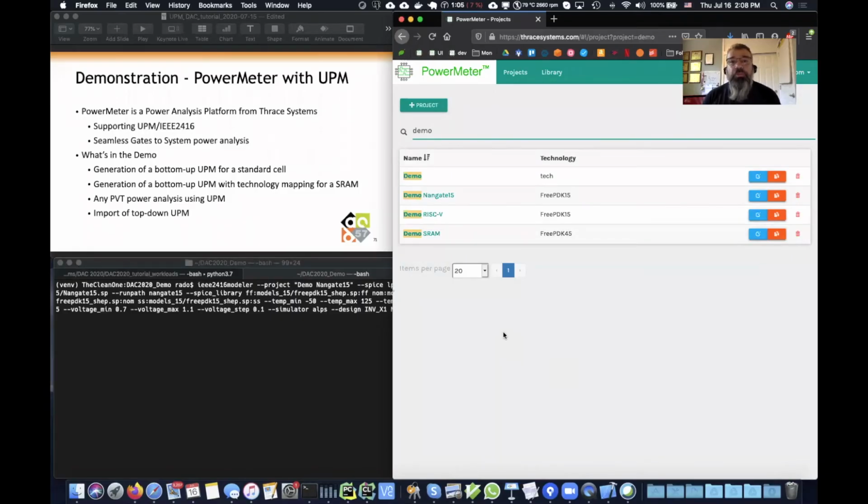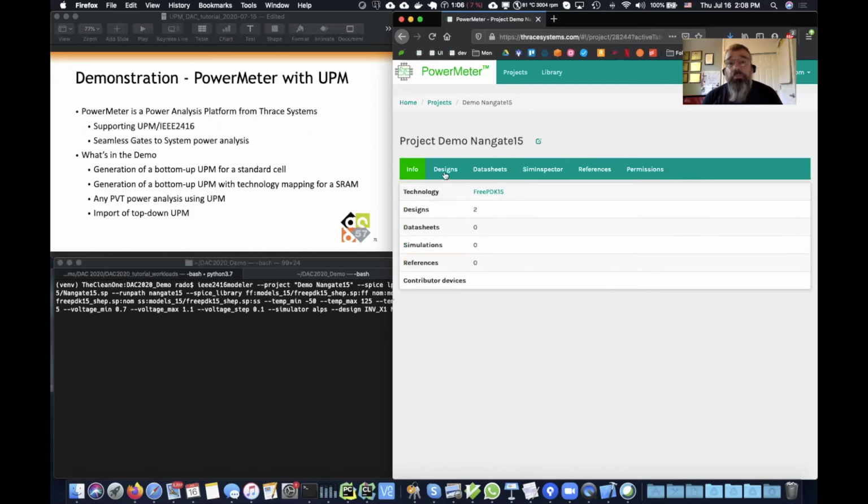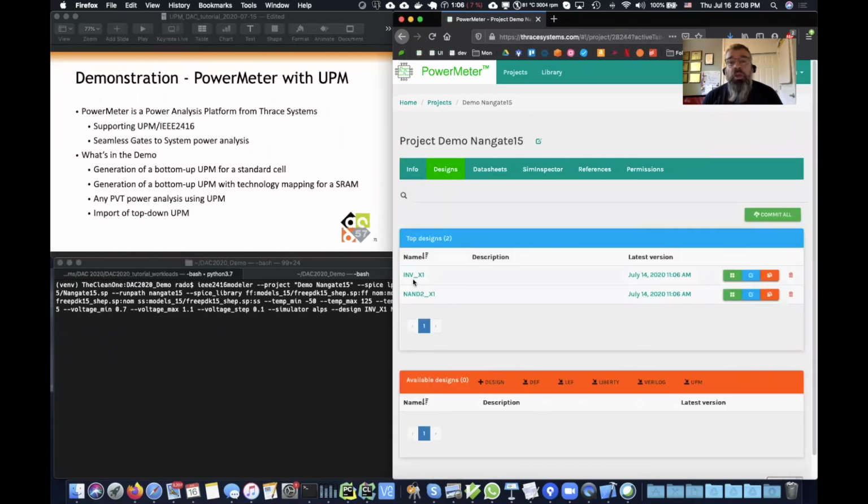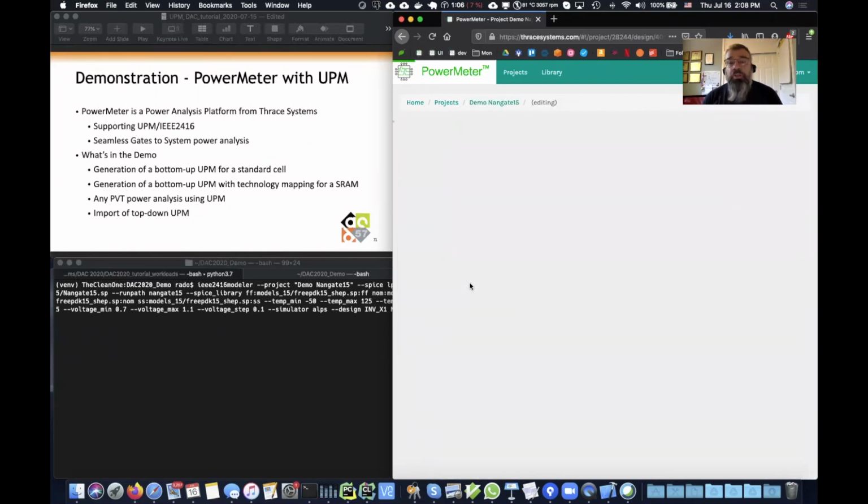In this demo, we are going to generate a couple of bottom-up UPM power models. As a first step, we're going to generate UPM models for standard cells. We are starting at a point where we have loaded Liberty files into PowerMeter and are ready to proceed with model generation. Just to show you what the standard cell library looks like, as I mentioned, we're limited in what power corners we have.